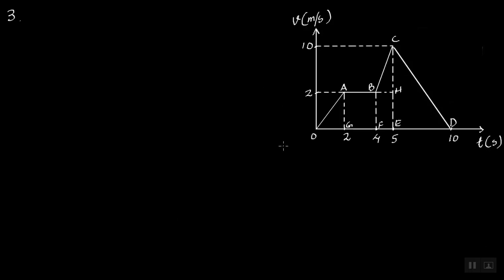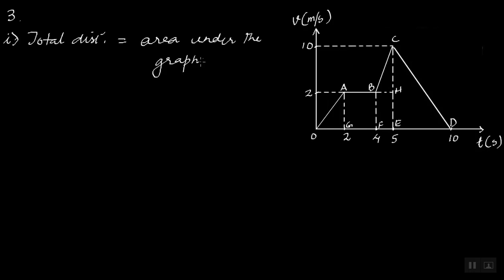Okay, and here you have to find the total distance. All right, and so number 1 here, total distance. Now we know that the total distance in the VT graph is equal to the area under the graph. What do we mean by that? Area under the graph.